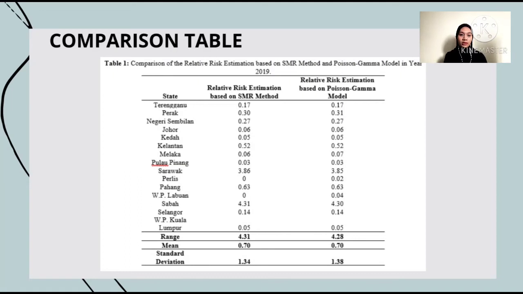In Perak, while using SMR, we get a relative risk of 0.31, and using the Poisson gamma model, we get a relative risk estimation of 0.31. There is a tiny difference between these two methods.